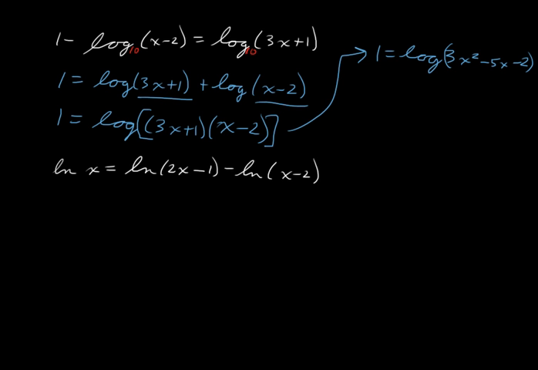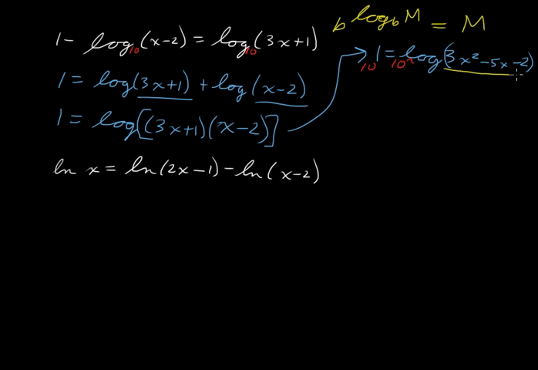Now the trick is, this is log base 10. So we can use this little property of logarithms. 10 to the first power equals 10 to the log of all of this stuff. There's a property of logarithms that says that if you have some base b and you raise that to a power of log of the same base b, then anything that's inside that logarithm, that just equals that inside.